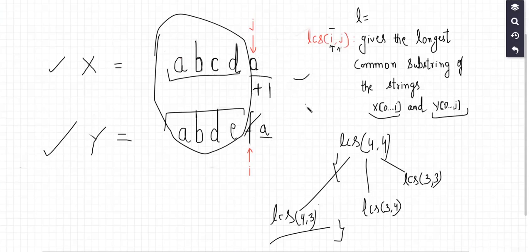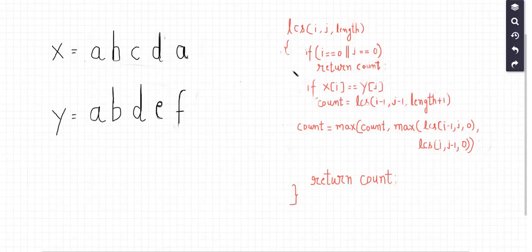Fine. So let's see how this function will look if I implement it. So this is the function, this is the base case. Okay, the base case is if I exhaust one of the strings, namely if I exhaust x or I exhaust y, then there's no meaning in comparing the remaining string with the empty string.